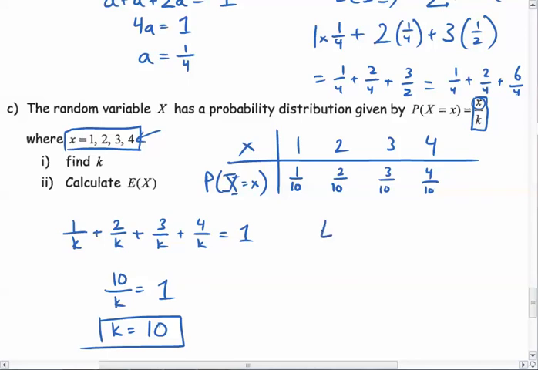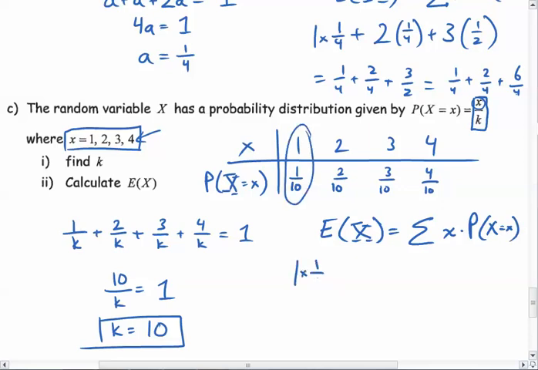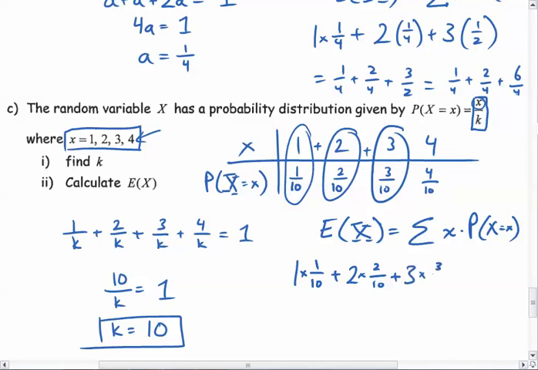So to find the expected value, I add up my observed values times their probabilities. So I take 1 times 1/10, 2 times 2/10, 3 times 3/10, and 4 times 4/10.